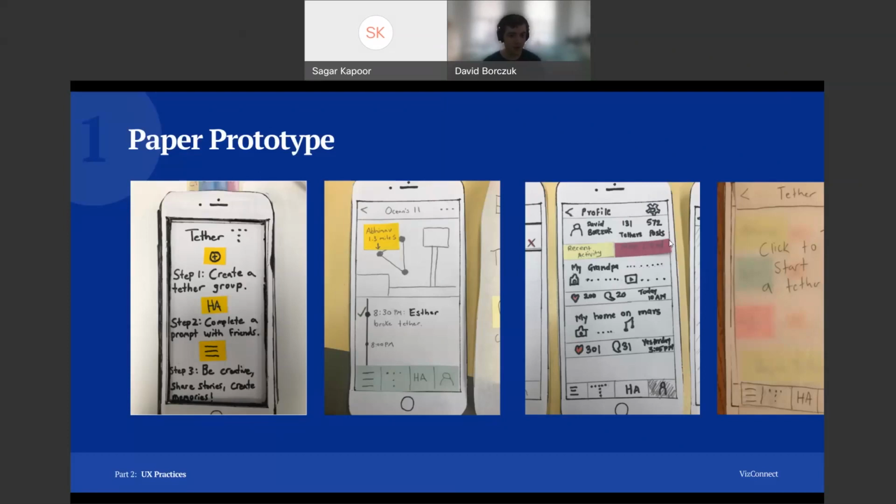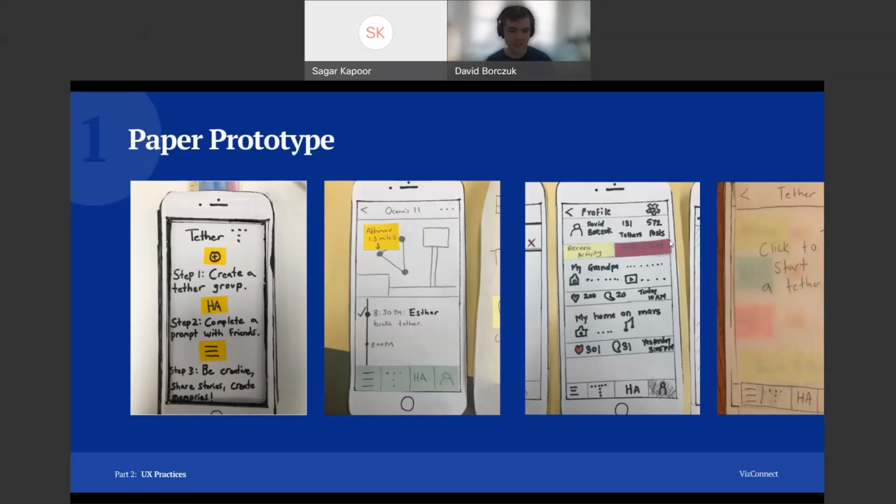And so we created a fake iPhone. As you can see, we cut out the home screen and we have little Post-it notes for buttons. And it's really, really, really rough. Like I drew all of these. I'm not really good at drawing anything, but it was a way for us to generate different screens really quickly.